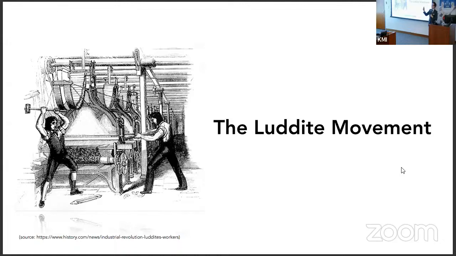Let's turn back to the early 18th century in the UK. Textile workers, manual workers, were not making the machine. They were trying to break the machine because the machines at the time started replacing their jobs, right?